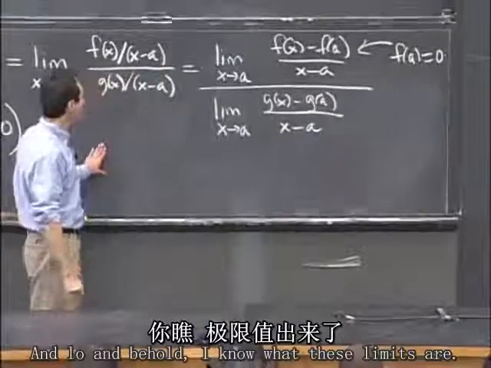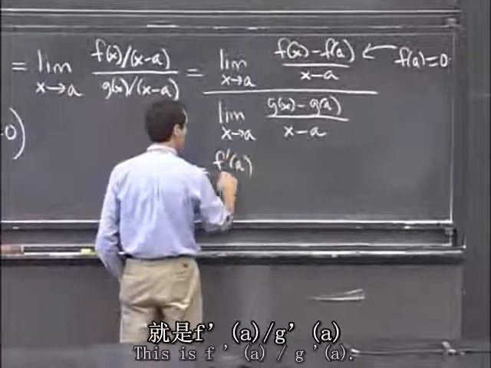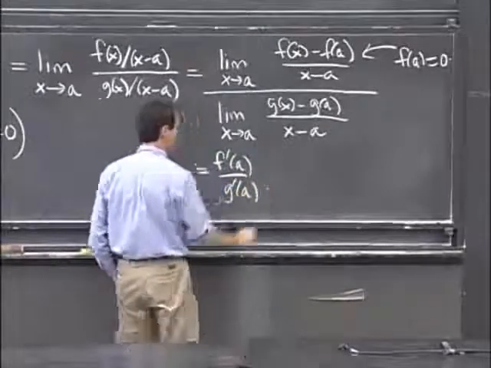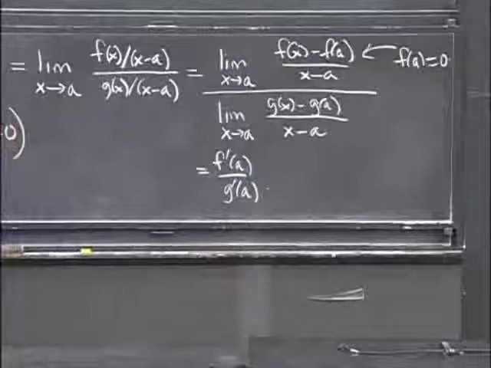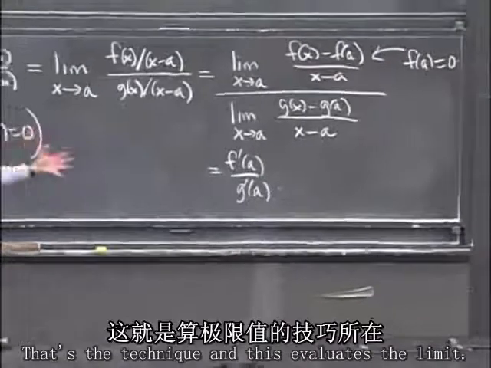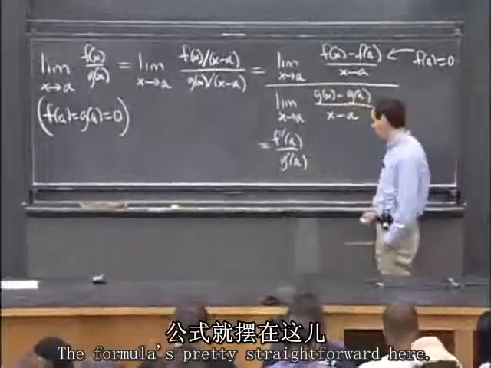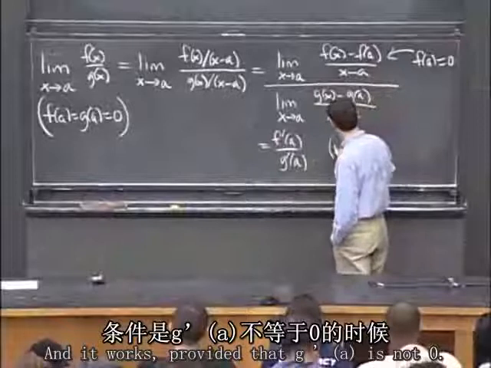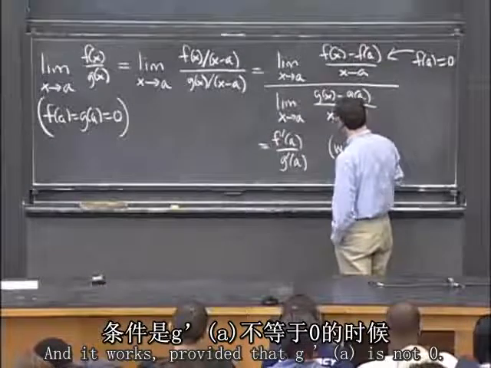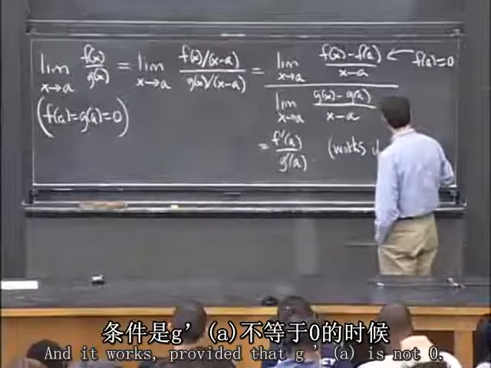And lo and behold, I know what these limits are. This is f prime of a divided by g prime of a. So that's it. That's the technique, and this evaluates the limit, and it's not so difficult. The formula is pretty straightforward here. And it works provided that g prime of a is not 0.